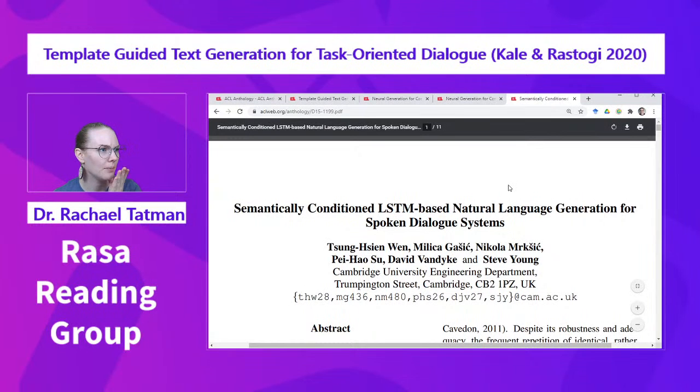I thought it was a ratio. So that does change the order of magnitude, several orders of magnitude of the error rate. So yeah, interesting paper.